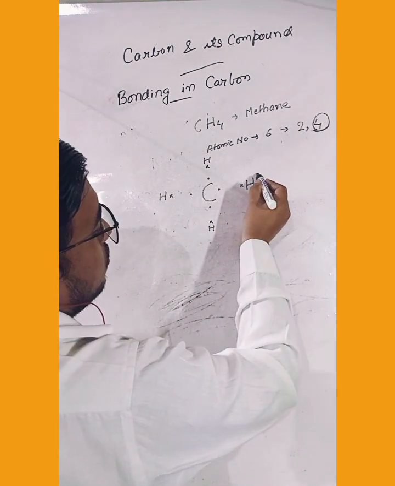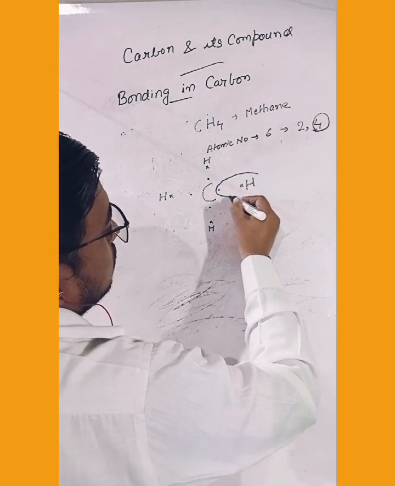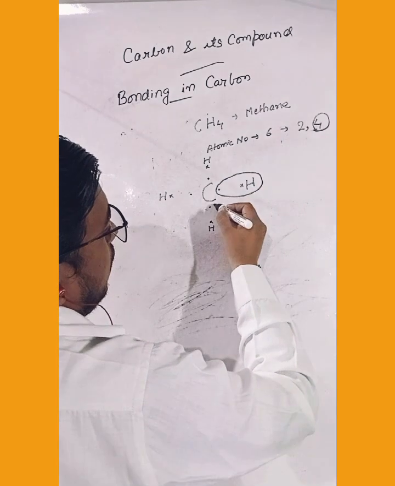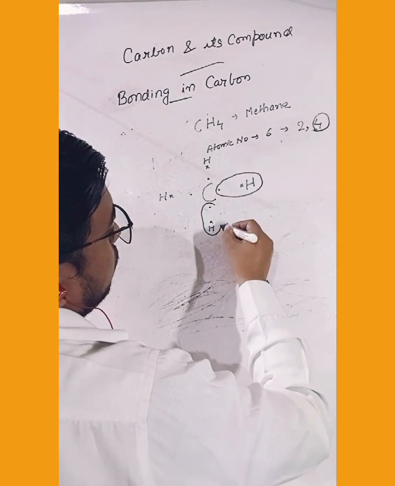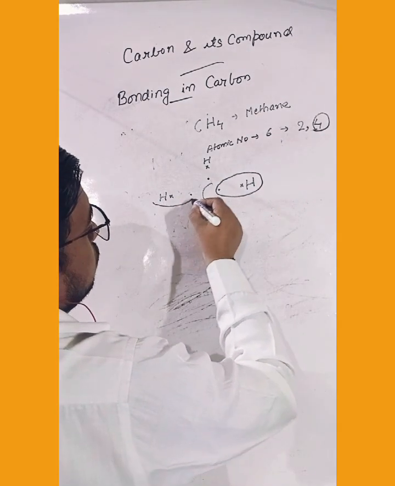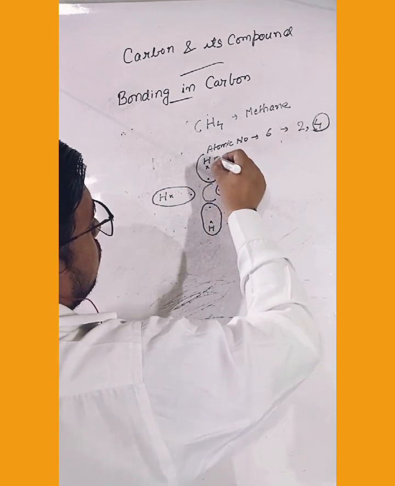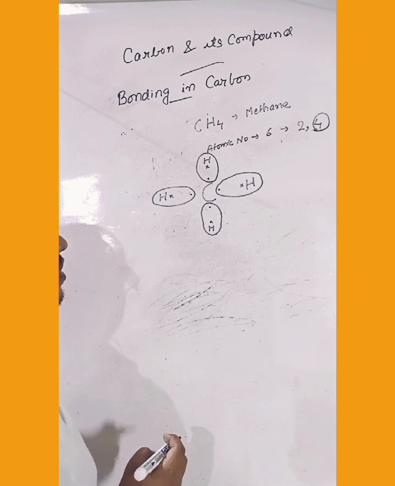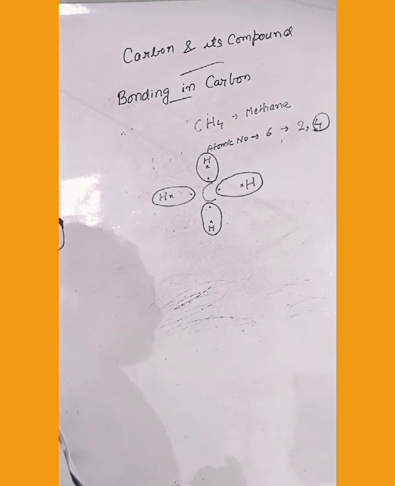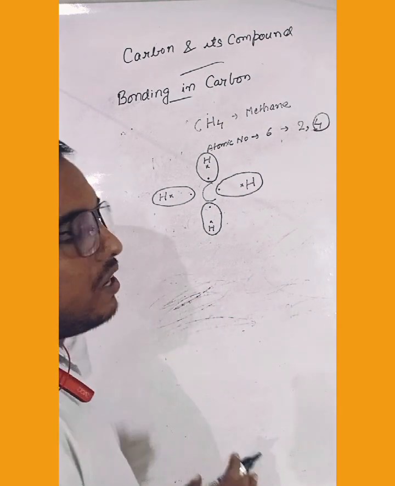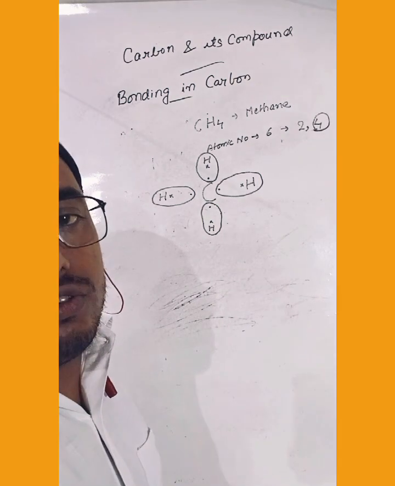Hydrogen would come and share an electron with carbon. The second hydrogen also shares with carbon, the third also, and the fourth also. Now hydrogen has completed its duplet.